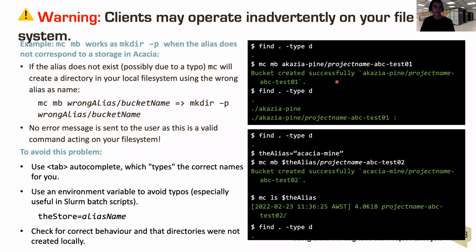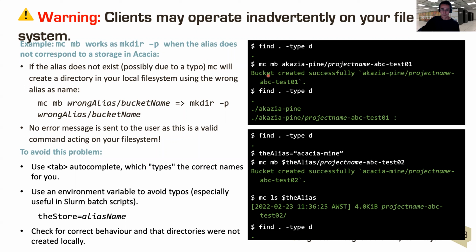So let's go to the example. I think that's more clear. I'm doing this command to see how many directories I have in my current directory, and basically I don't have any. So if I do MC mb and I mistype, instead of acacia-mine, I mistype some letters by mistake, followed by the name of the bucket I want to create, the command tells me bucket created successfully.